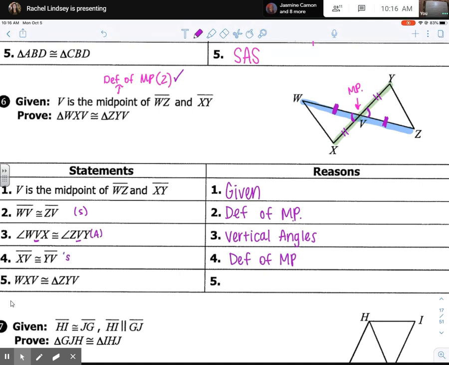So I've proven 2 sides are congruent and an angle is congruent. So how can I prove those 2 triangles are congruent? By side, angle, side.